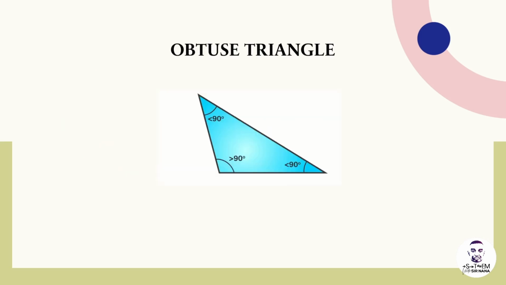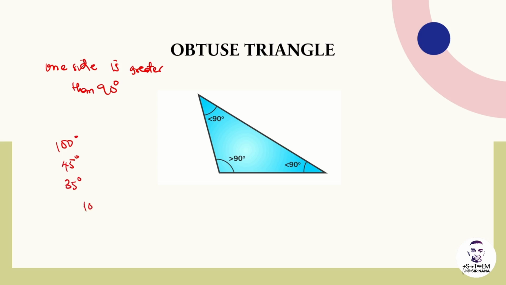And then we also have an obtuse triangle. So for obtuse triangle, all we need to note is that one side is greater than 90 degrees. So we can have a triangle where probably one side is 100 degrees and another side is, let's say, 45 degrees, and another side is 35 degrees.